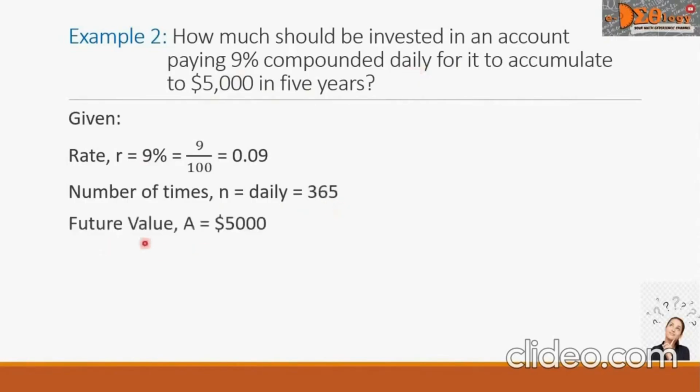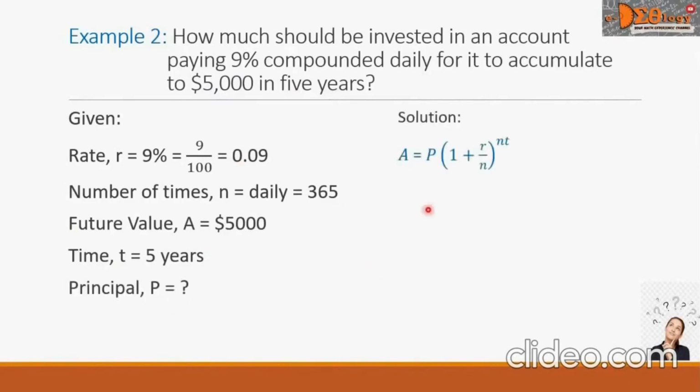Next is the future value, and that is the $5,000. And then the time denoted by T, that is 5 years. In this problem, we need to get the principal or P. We will use the same formula, and then let us do now the substitution.